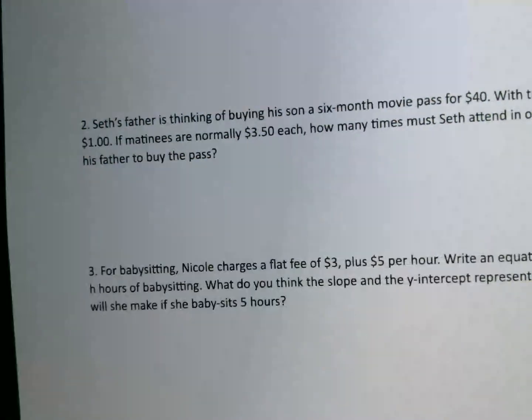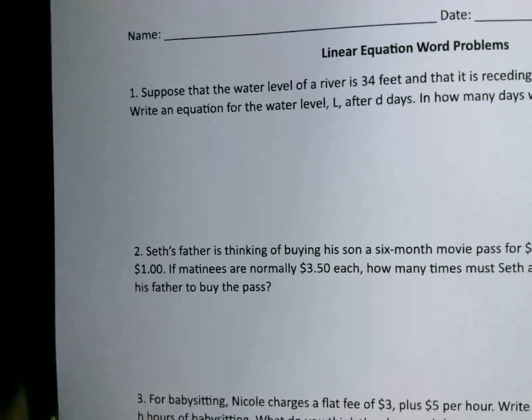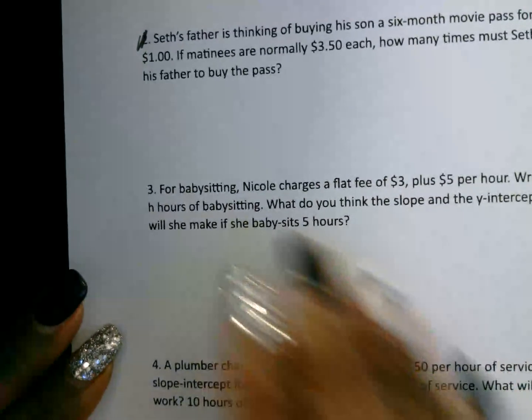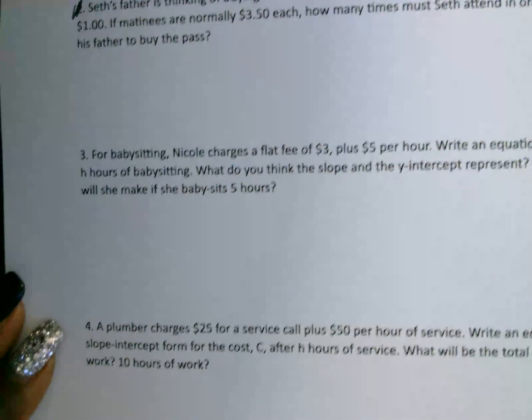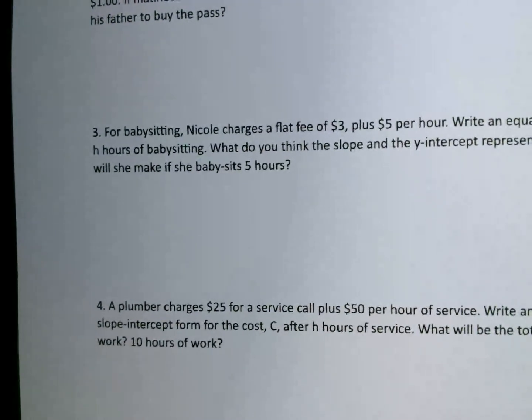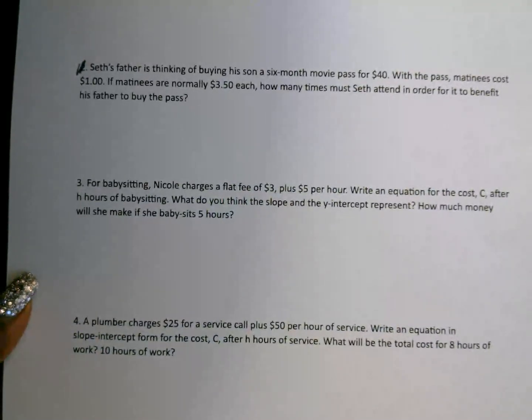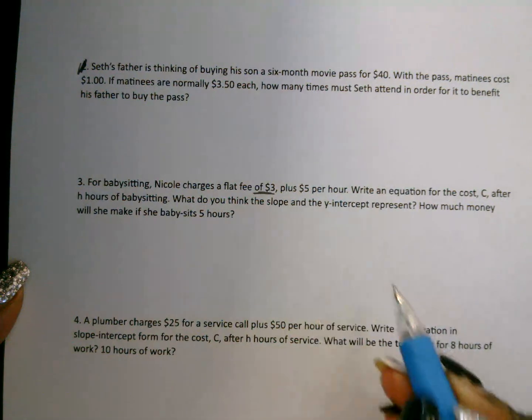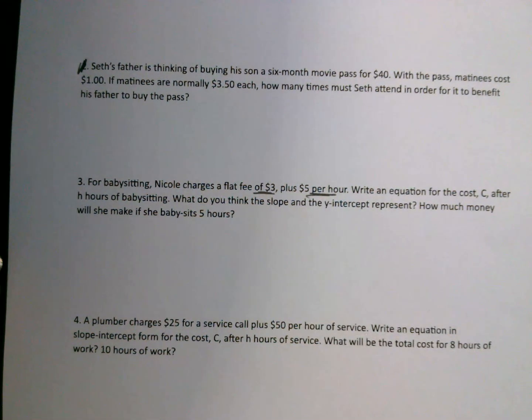We're going to finish this part up tomorrow, but I'm going to do the first one. Actually, we already did 1 and 2. So now I'm going to do number 3. I'm going to read it. I'm not going to tell you how to do it because I want you to come up with it from your group. It says, for babysitting, Nicole charges a flat fee of $3 plus $5 per hour.